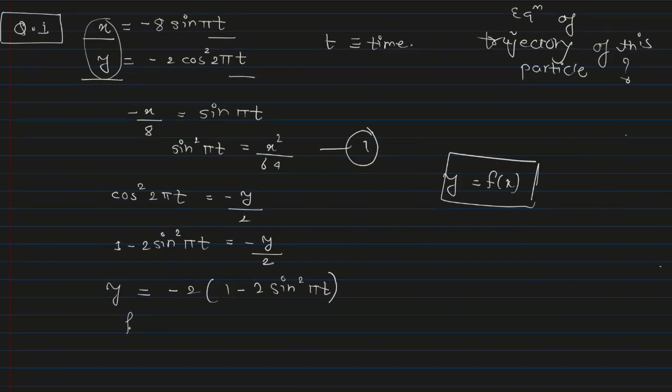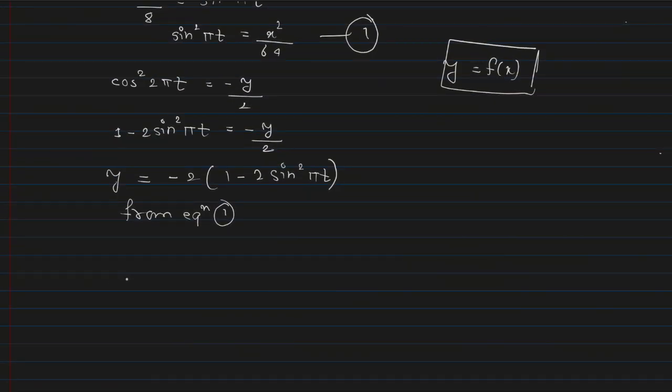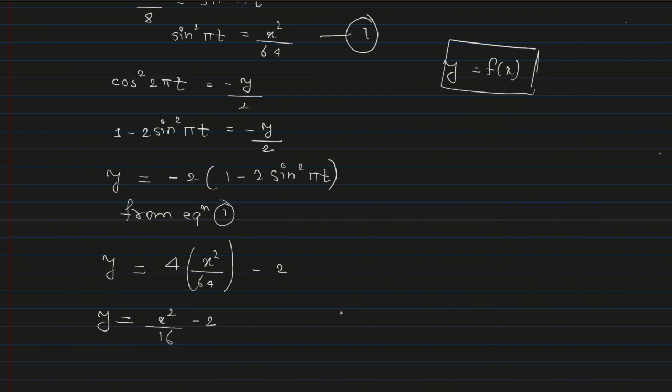From equation 1, y equals 4 times sine square pi t, which is x square by 64, minus 2. So I get the relation y equals x square by 16 minus 2, and that's the relation between the y and x coordinates.